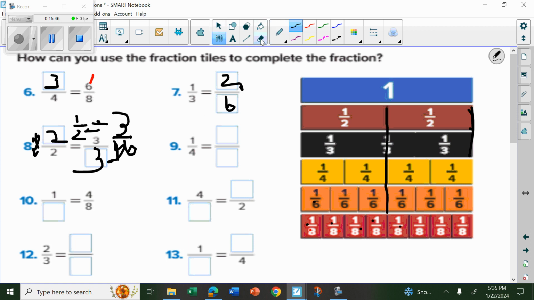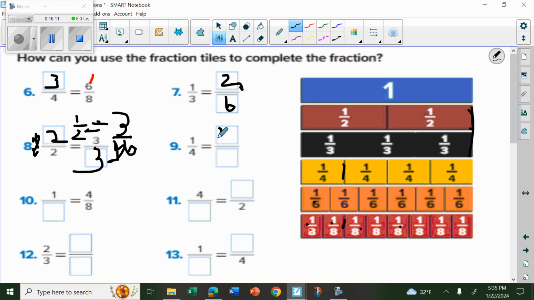Okay? All right. Now, let's go over here. 1/4. 1/4 equals what? Well, let's try it. If I go up, nope, doesn't work. How about I go down? Can't do a 6. It goes straight through one of them. Oh, right here. How many 8ths is that? 1, 2.